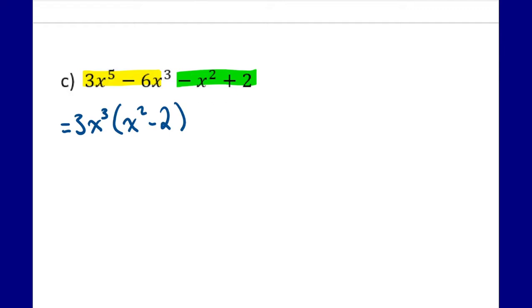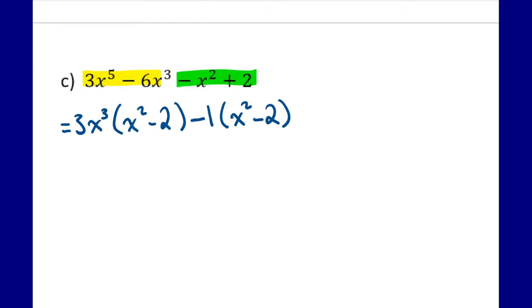Well, in order to do that, we can see that we have a negative in front here, we see a positive here, so our signs are opposite from what we want. If that's the case, I can factor out a negative 1, which would then change this to be a positive x squared and a negative 2. By factoring out the negative 1, essentially we change the signs of the terms, similar to when we used the distributive property or when we did subtracting polynomials.